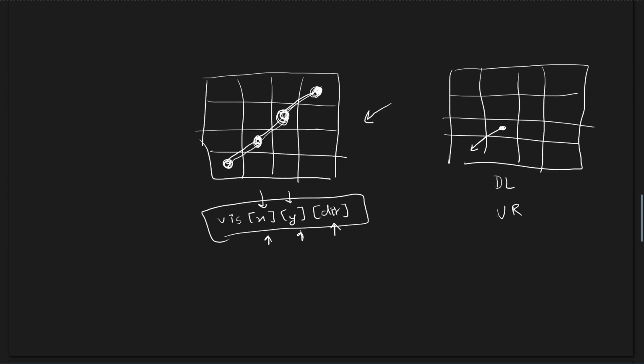So the direction along with the index of the cell is important while determining whether this cell has been visited or not. Any cell can be visited in 4 possible directions, like this, like this, like this, or like this, right? So we have to maintain it differently for all the cells, right?